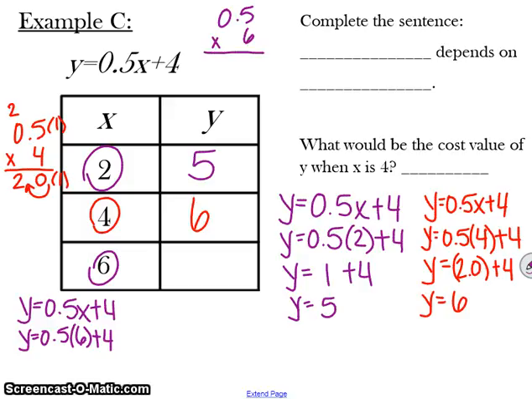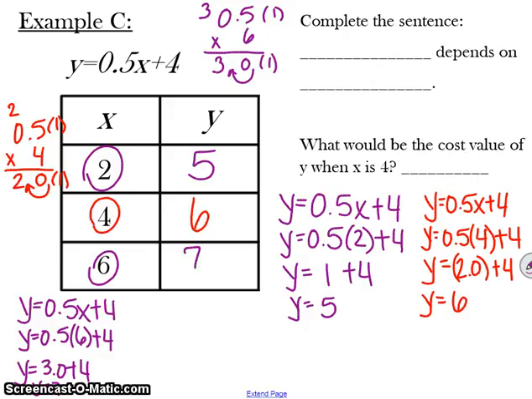Well, I know 6 times 5 gives me 30, and then I know 6 times 0 is 0, and 0 plus that 3 will give me 3. Again, there's one place after the decimal, so I move this over one time, so it's 3.0. So y is equal to 3.0 plus 4. Well, what I know is that 3 plus 4 will give me 7. So I know that this y value is 7.